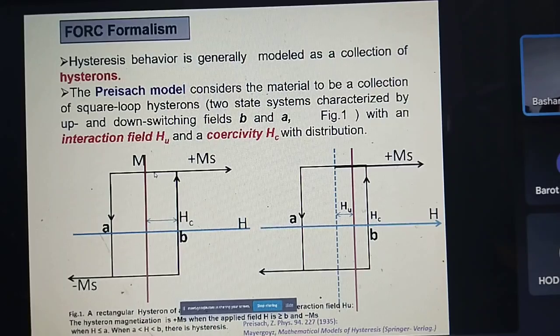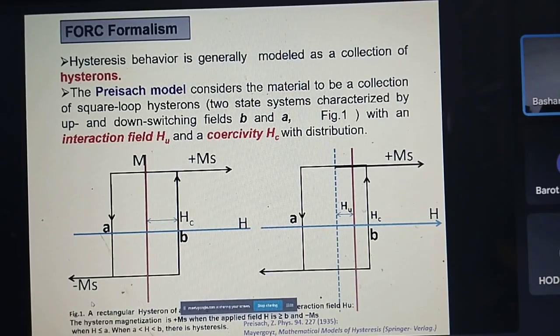Each particle, each nanodot, has a hysteresis which looks like this square loop. It has two states which are characterized by up and down switching. We call the down switching A and the up switching B. That means at a magnetic field of A, it switches down, and at a magnetic field of B, it switches up.